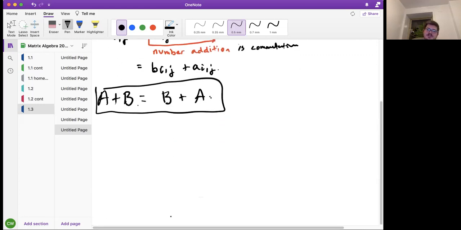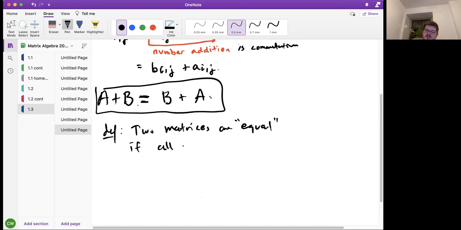Maybe I should have said, a definition that doesn't really need to be said, but two matrices are equal if all entries are equal.